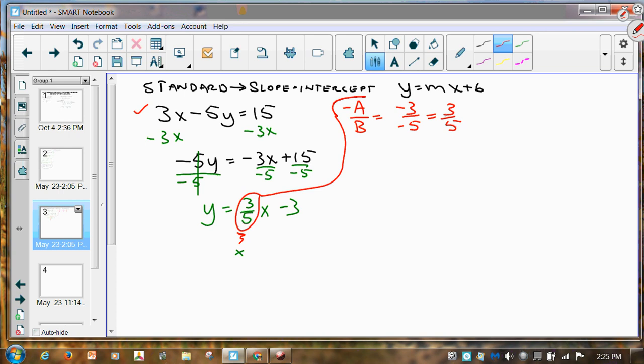See how that agrees there, that you can calculate the slope of a linear equation that's in standard form by taking the negative a term over the b term, and you get the slope.